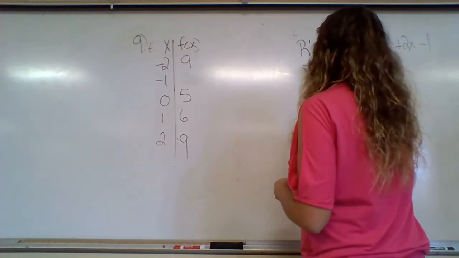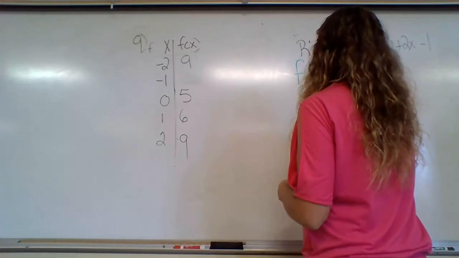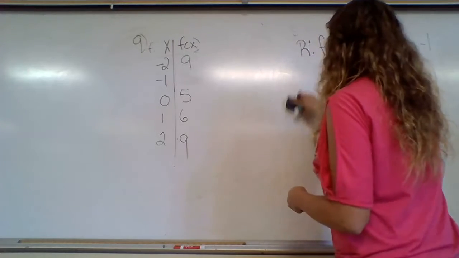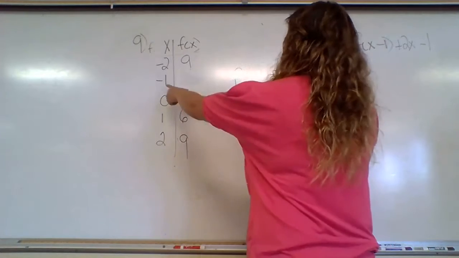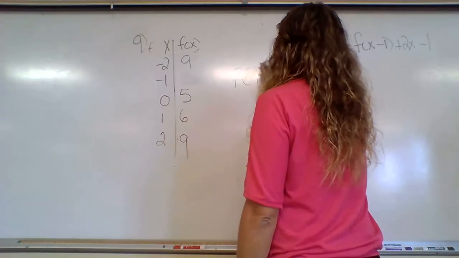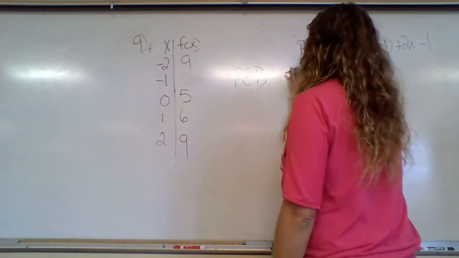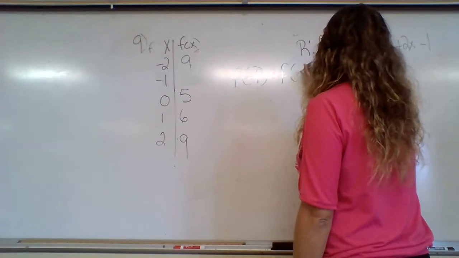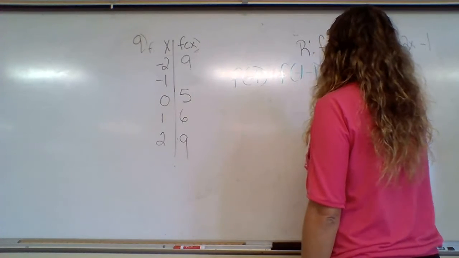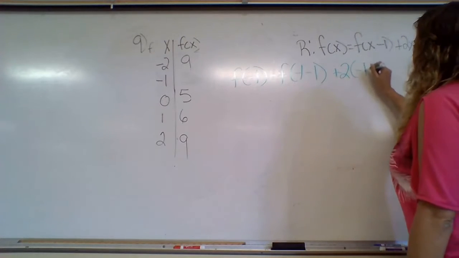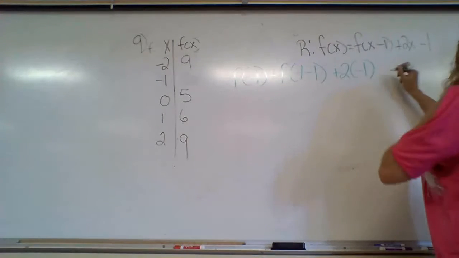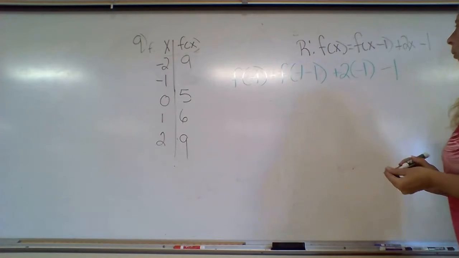All right, so you're going to go f of -1, so plug in -1 everywhere you see an x. Equals f of -1 minus 1 plus 2 times -1 because there's an x there, and then minus 1. Okay.